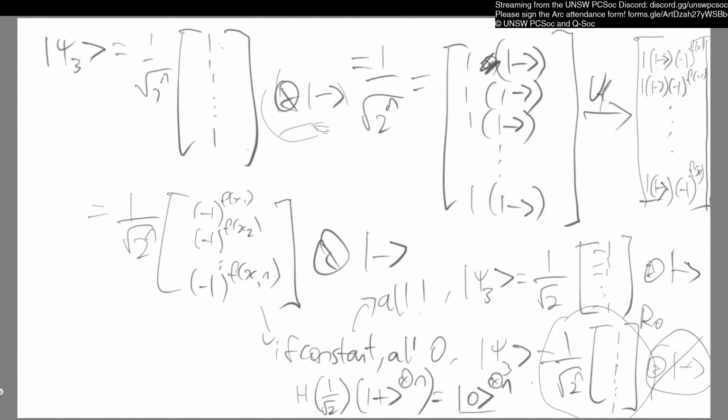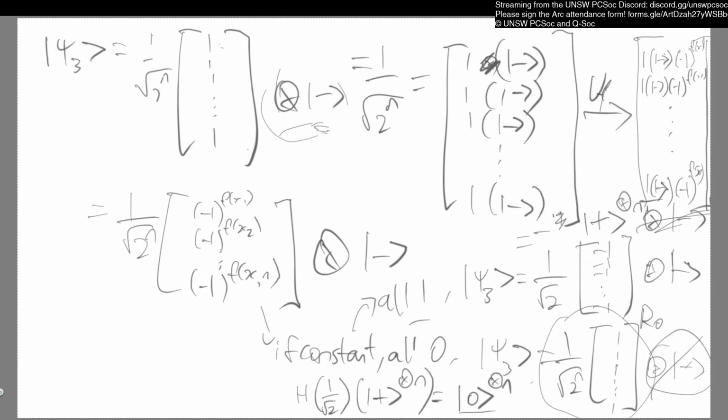Is it the same when the function evaluates to all ones? Well, it is pretty much the same thing, because when you take out the negative, it's just negative plus state n, obviously tensored by the ancilla qubit, but we can just disregard that.